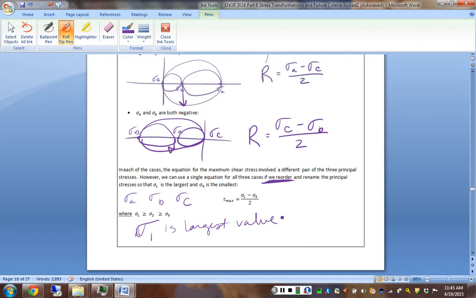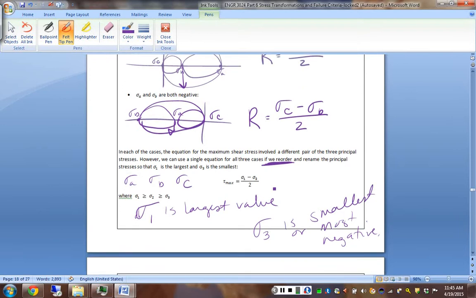So sigma 3 is your most negative, depending on the relative signs of the normal stresses that you've got.